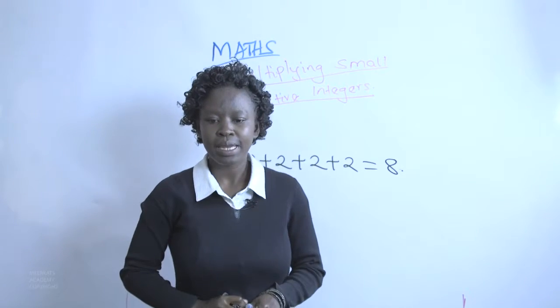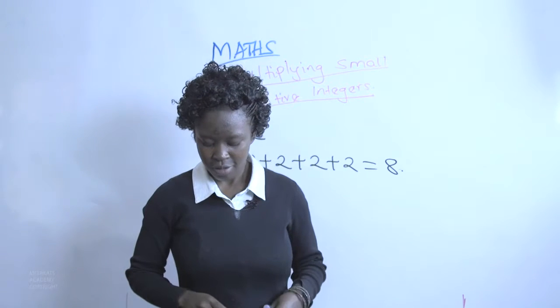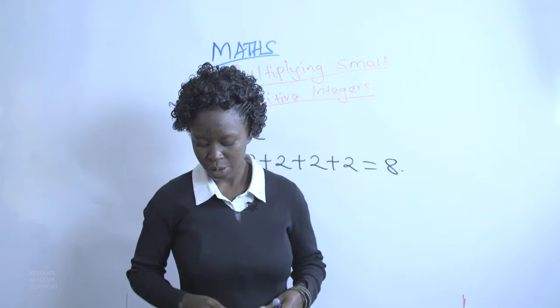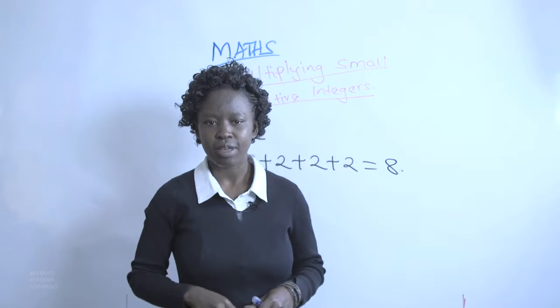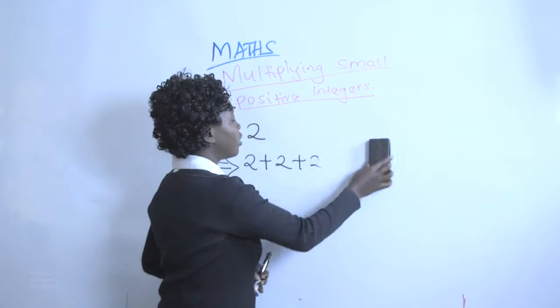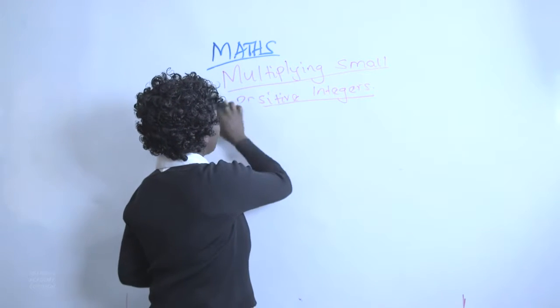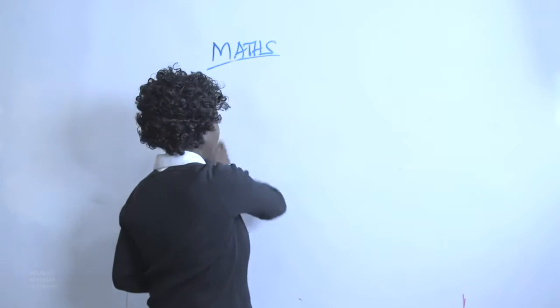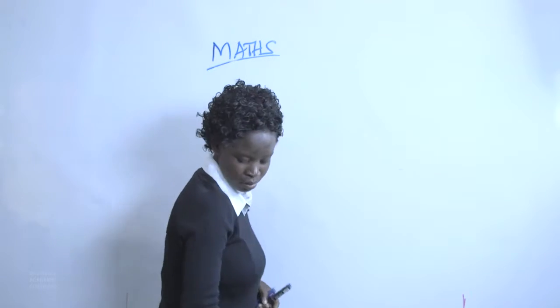So in multiplying the numbers, there are various methods which we can apply in order to multiply the given numbers. So we are going to look at the mental strategies that are used in multiplying the numbers.